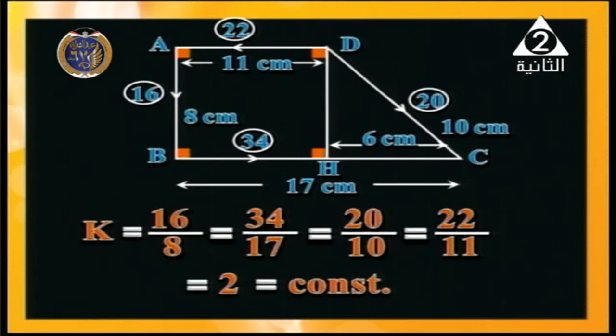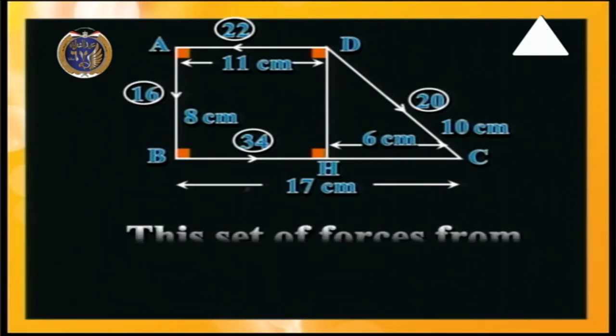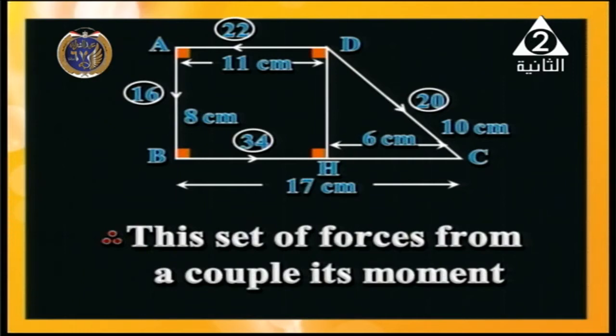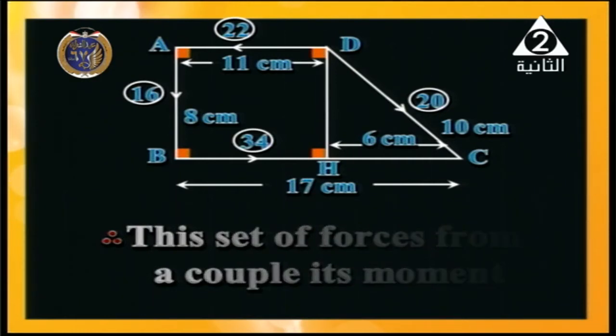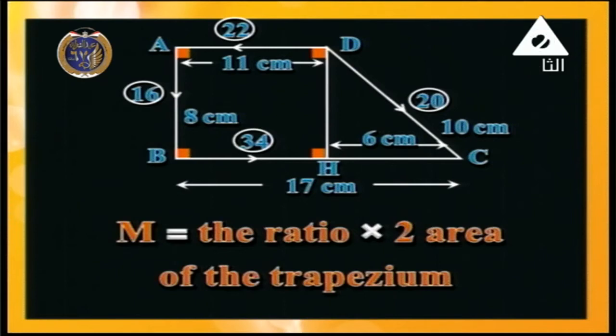What is the value of the moment of the couple? By the theorem, forces forming a couple have moment equal to the constant ratio times 2 times the area of the trapezoid. What is the area of this trapezium? Base 1 plus base 2 over 2 times height. Base 1 equals 11, base 2 equals 17, over 2, times the height.